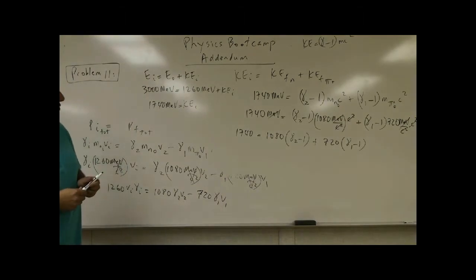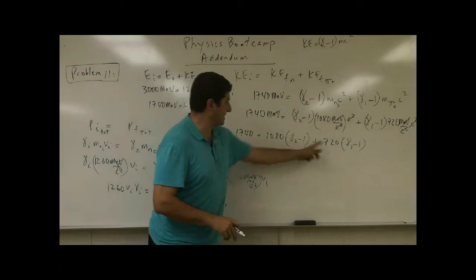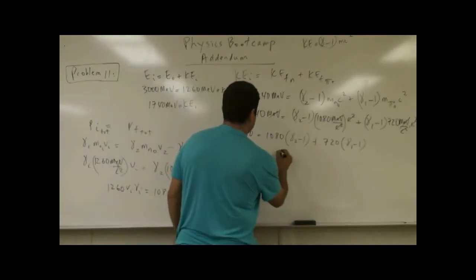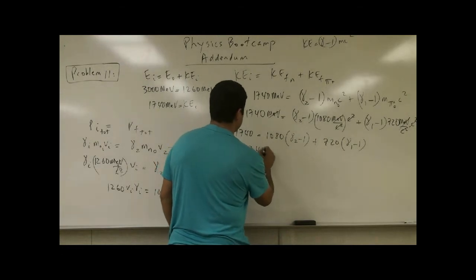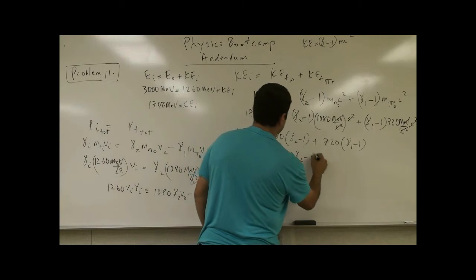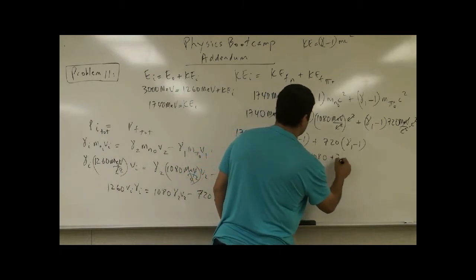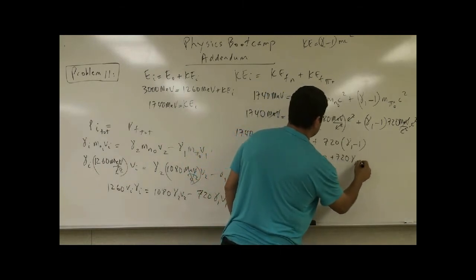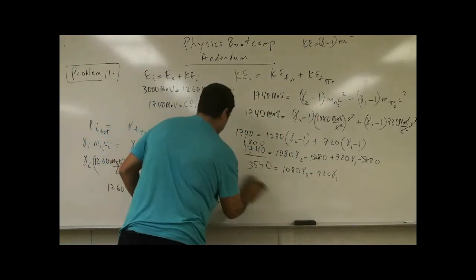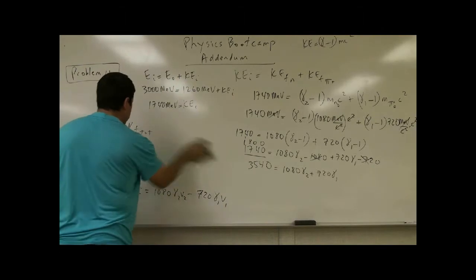Okay, so now what are we going to do? Well, we could multiply this in and then gather like terms and take it to the other side. So I can say 1740 is equal to 1080 gamma 2 minus 1080 plus 720 gamma 1 minus 720. And then, okay, so what is that going to equal?